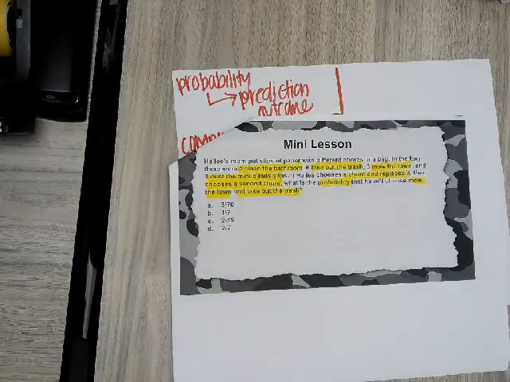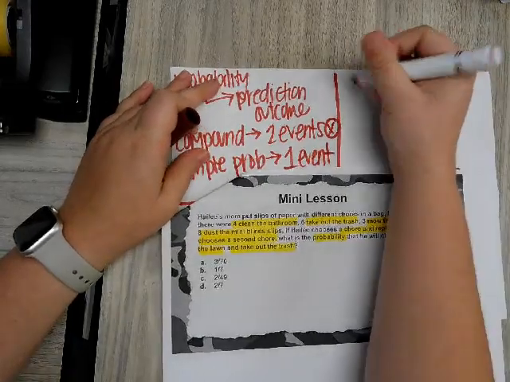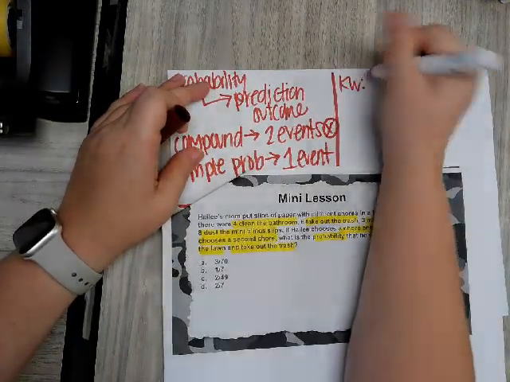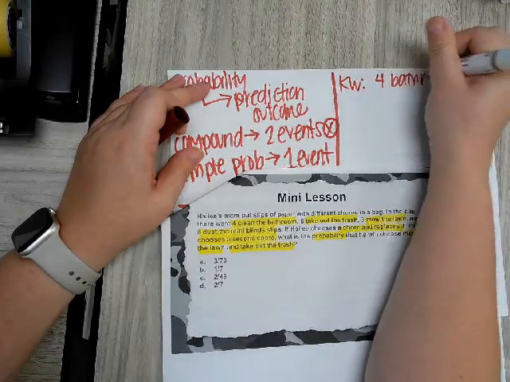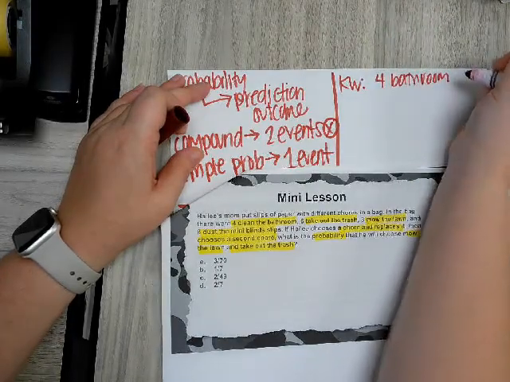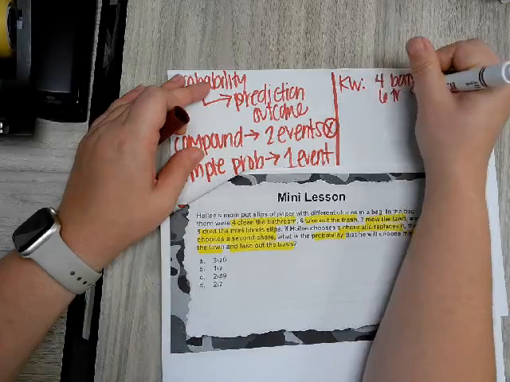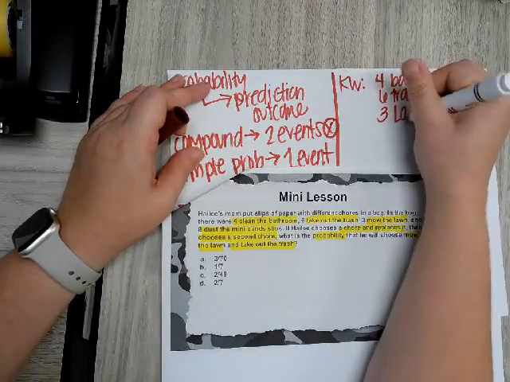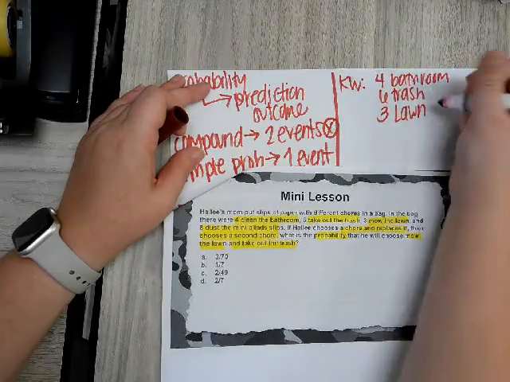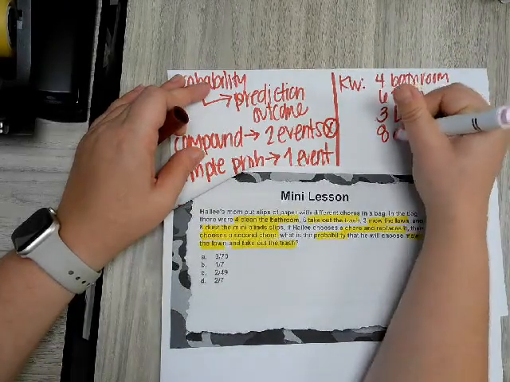Okay, so let's go ahead and write our keywords. So we have 4 bathroom, we have 6 trash, we have 3 mow the lawn, and then 8 dust.